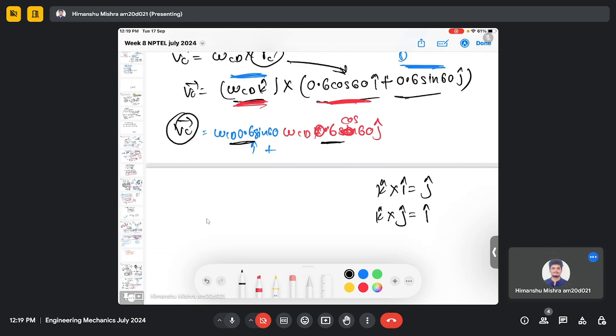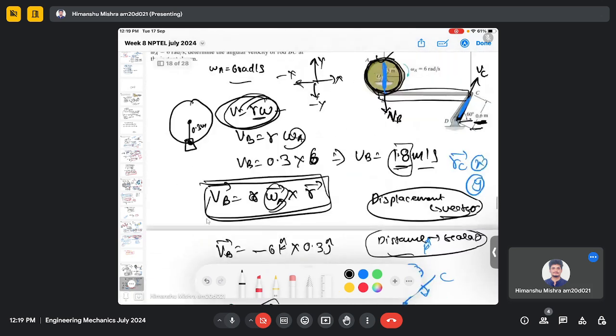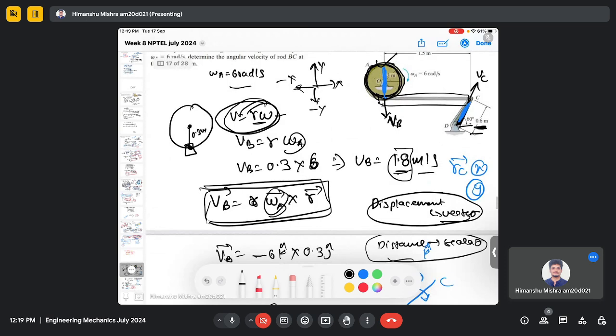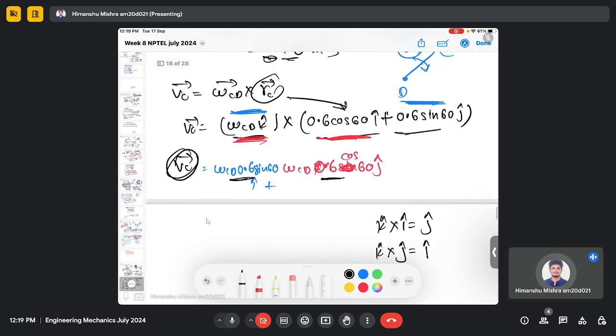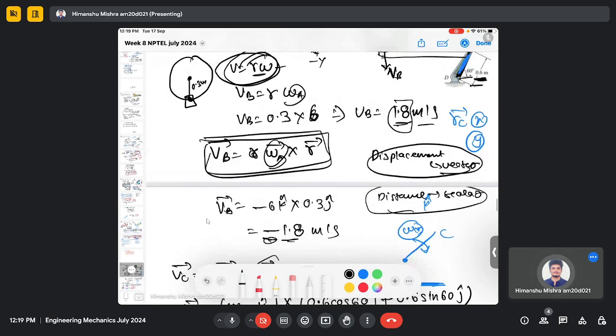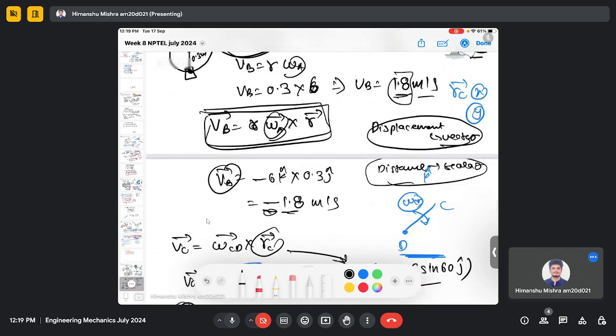So I will get the velocity here. Right, so I got the velocity here at point C, and I got the velocity at point B, and this is actually the ith component because I take the cross product of k and j, so it will give me the velocity in the ith direction.